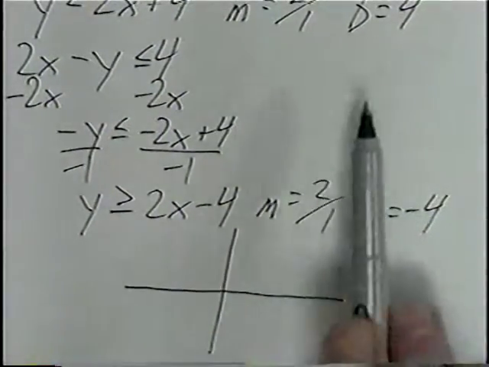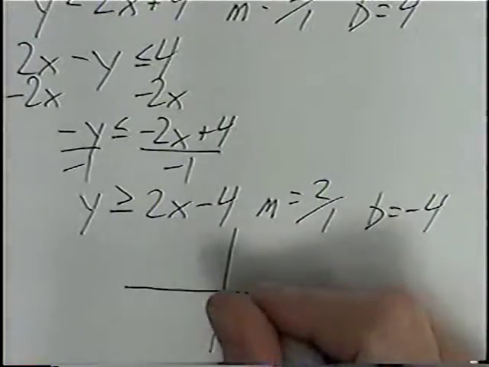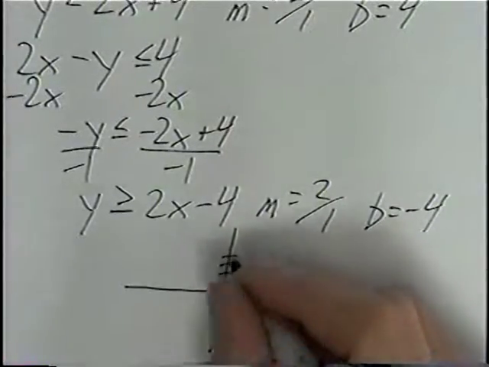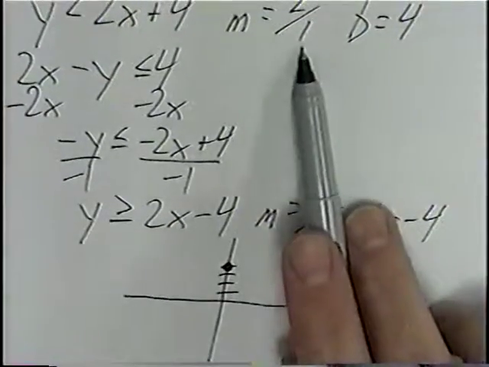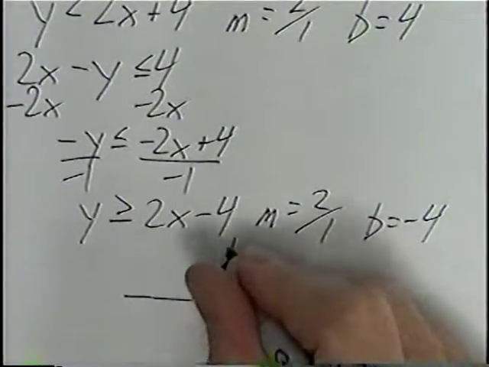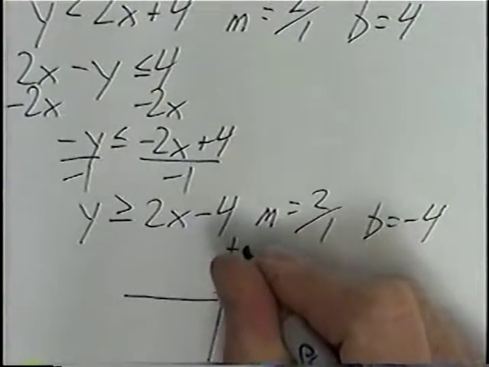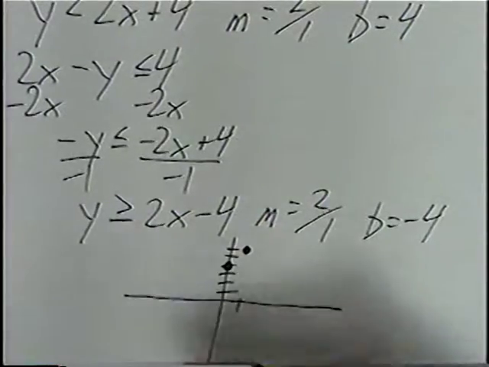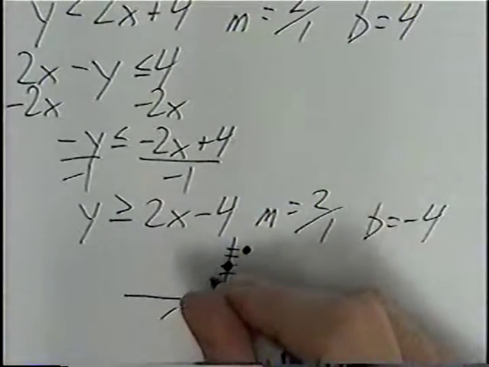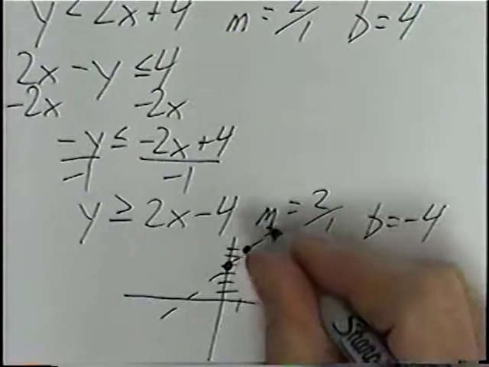The first inequality we had, the y-intercept was 4, starting on the y-axis at positive 4. And the slope was also 2 over 1, so we'll go up 2 spots and to the right 1 spot. This inequality was less than. If it's less than without the or equal to sign, this would be a dashed line.